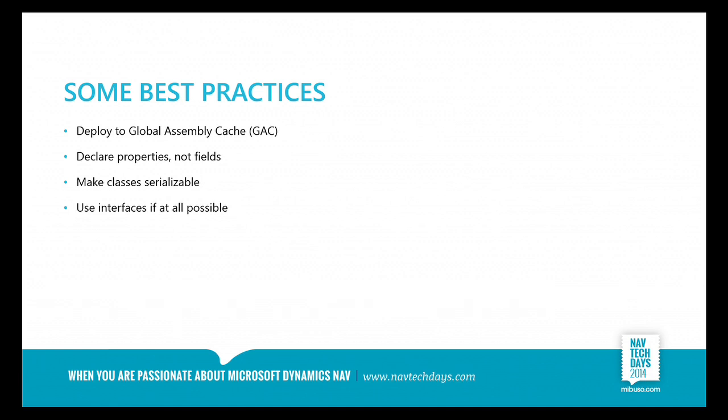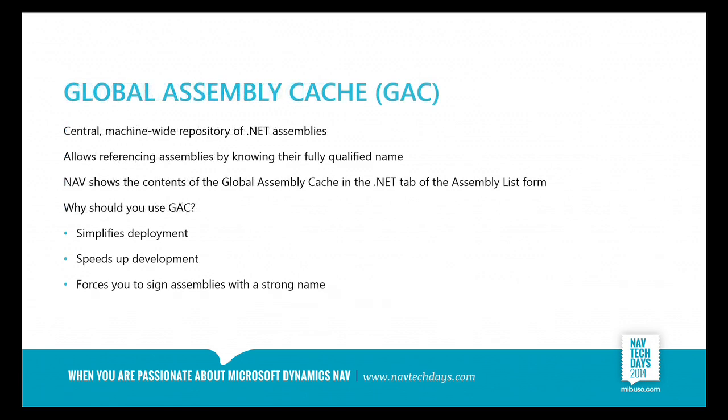I'm going to talk about how to declare properties as opposed to fields, which is what I've just done. Also, I will explain how to make classes serializable, what it actually means and why it is necessary. And also, I'm going to just mention interfaces, and then I will invite you to the PRS session just after lunch in the big room, where I will demonstrate how to actually make use of those interfaces. So let's talk about those best practices.